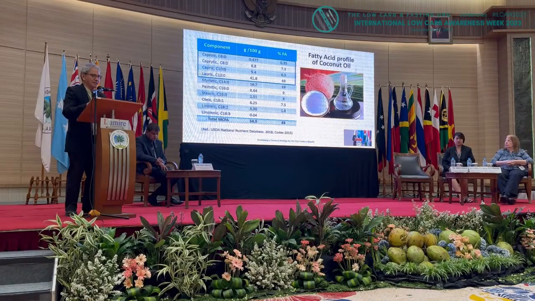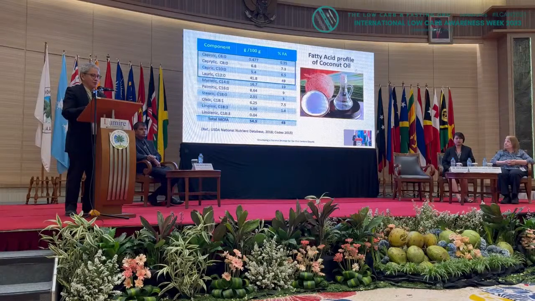In both cases, the more precise definition is really the one in the middle, grams of fatty acid per 100 grams of the oil. As you can see, in both cases the total medium fatty acid is quite high, 54.5 grams per 100 grams, or 63% medium fatty acids.